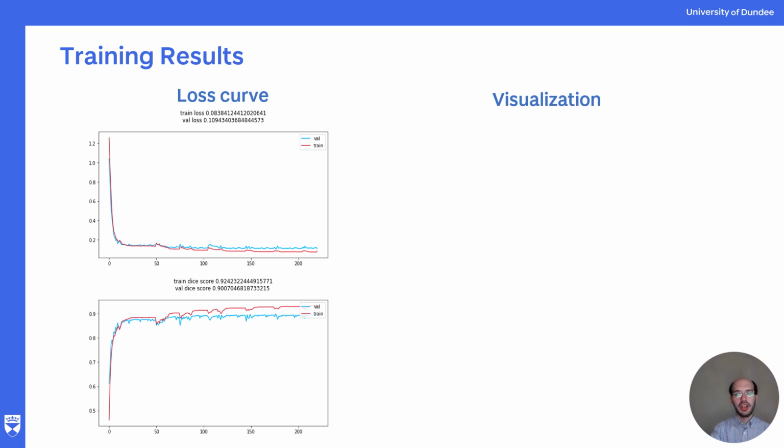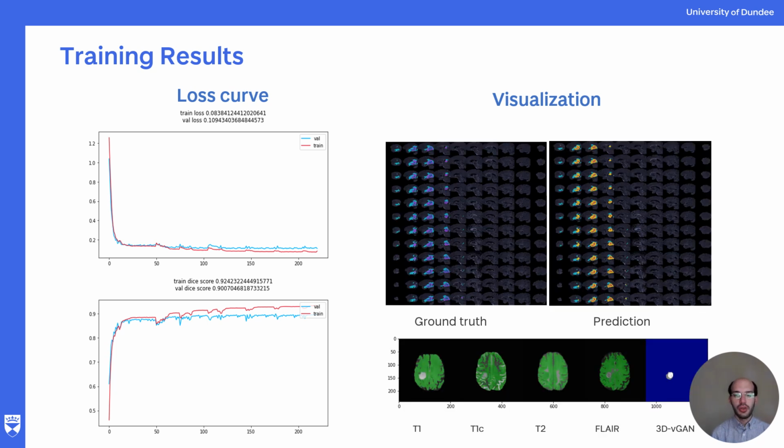In terms of the qualitative results, we obtain good agreement between the ground truth slices, MRI images, and the predicted one for all the different modalities, and also in terms of segmentation in the bottom, we can see the input slice for the different multimodal MRI, and then the 3D VGAN segmented output.